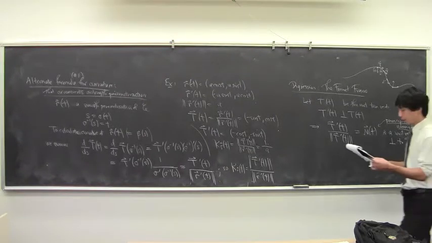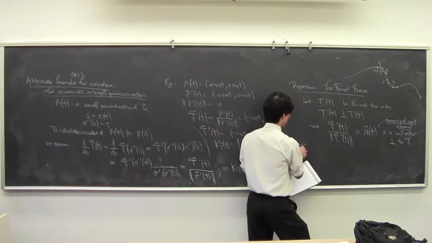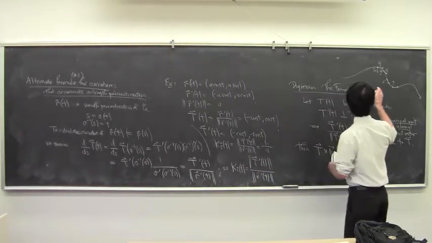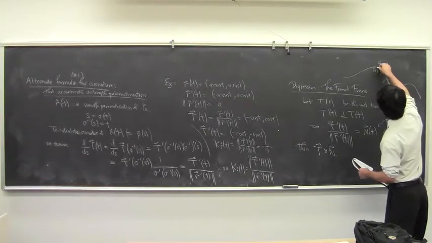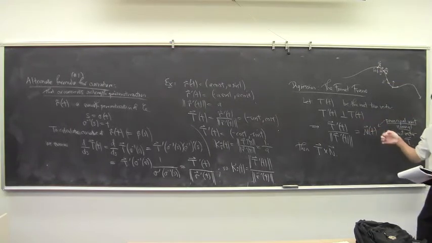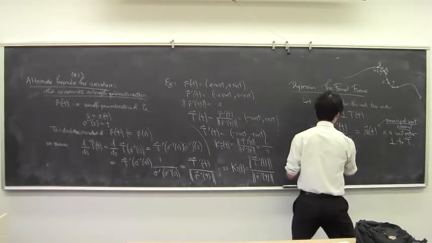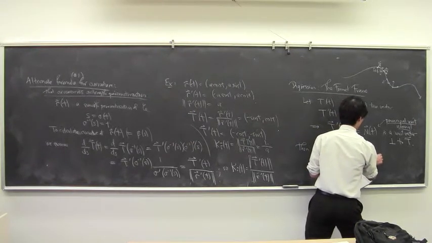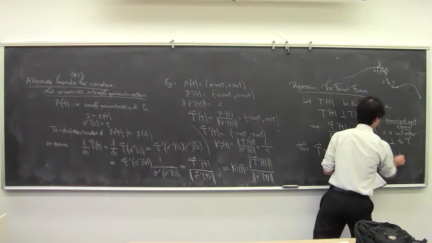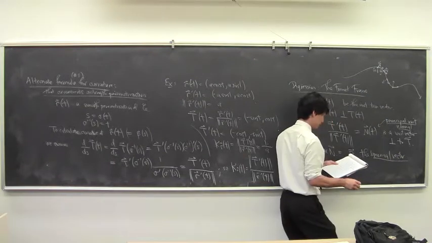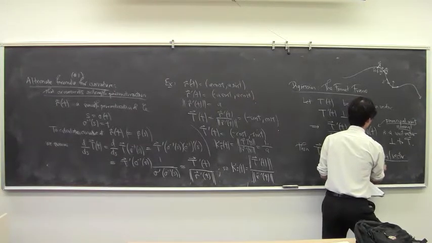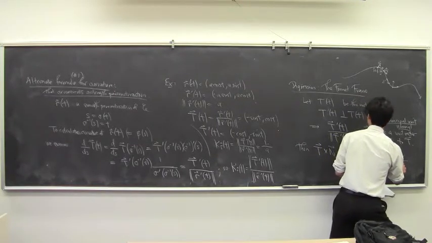Okay. And then if you take t cross n, well, it goes into the board, but you get this third vector, perpendicular to the other guys. This guy's called b, the binormal vector, a unit vector perpendicular to t and n.